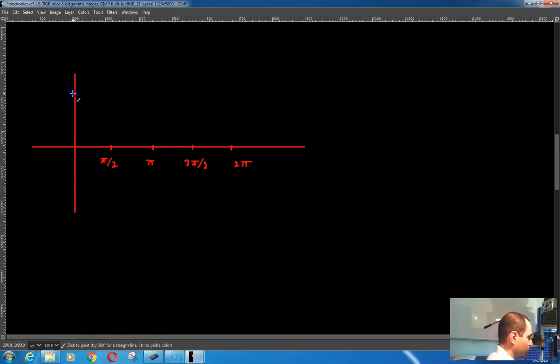This is the positive peak of your voltage, and this is the negative peak of your voltage. At 0 you're at 0, at pi by 2 you're at 1, at pi you're at 0, at 3 pi by 2 you're at negative 1 over here, and then you go back to 0. And then you will have this sine function like this over here.